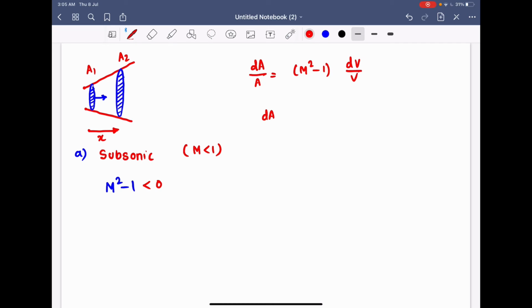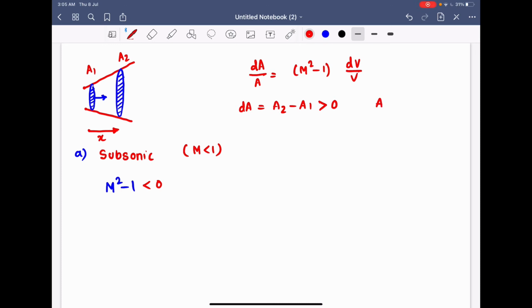So dA is A2 minus A1. These are things that will always be true for a divergent duct. So dA is A2 minus A1, and dA is greater than 0. We discussed it, dA is greater than 0.